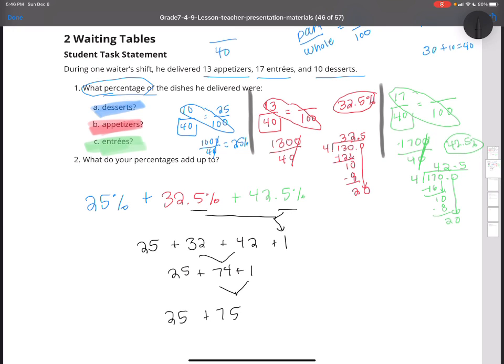So therefore, 25 plus 75 would give me 100. But we're still talking about percentages, so it will give me 100%. I want you guys to think about that. If we're finding each portion of the whole, would all the percentages add up to 100 each time?